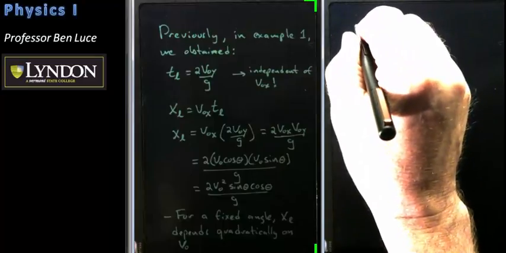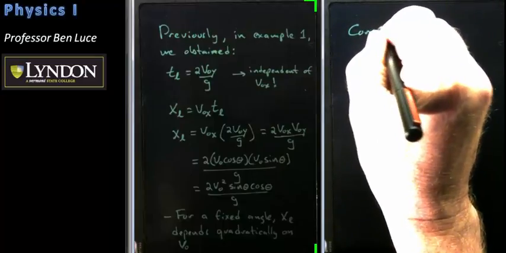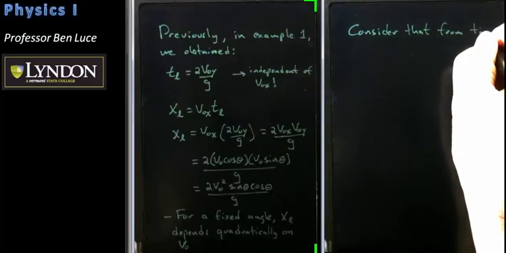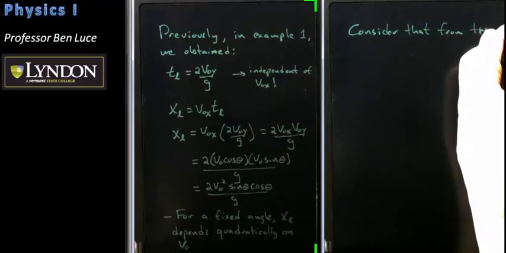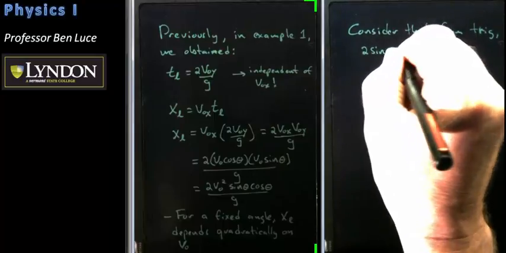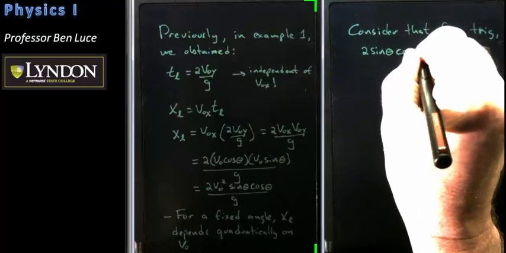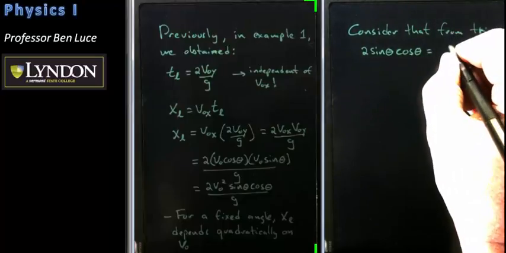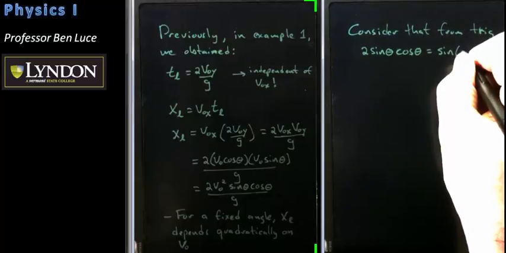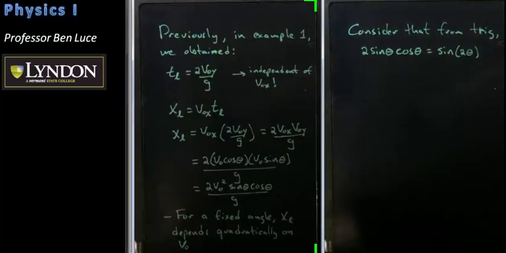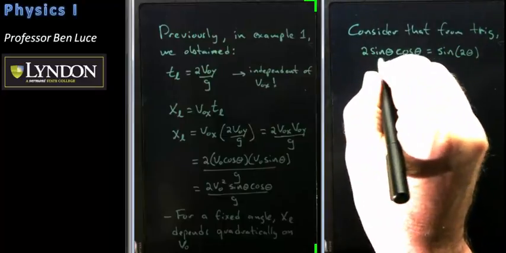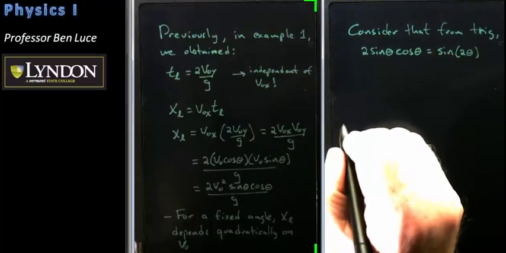And now consider that from trigonometry, it turns out that 2 times sine of theta times the cosine of theta is equal to the sine of 2 times theta. Well, we have a sine cosine factor in our expression for XL.